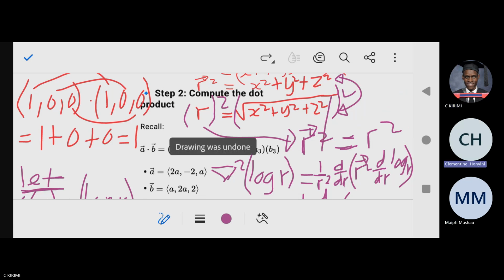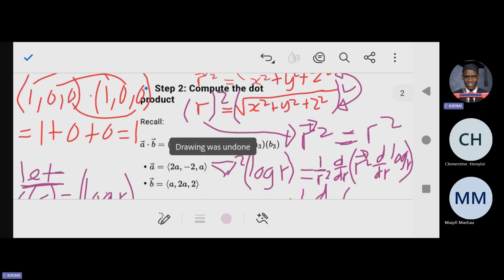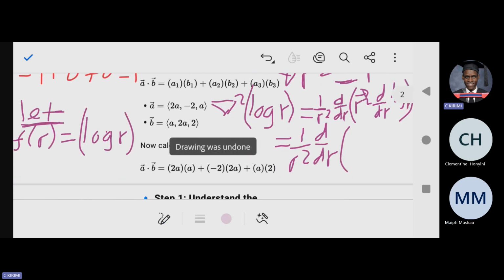So where there is r squared of a vector, we replace it with r squared of a scalar, because we have already used the dot product to prove they are equal.